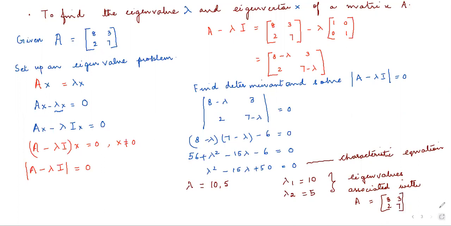So we now have two problems. The eigenvalue problem is A x1 equal to lambda 1 x1, and A x2 equal to lambda 2 x2.